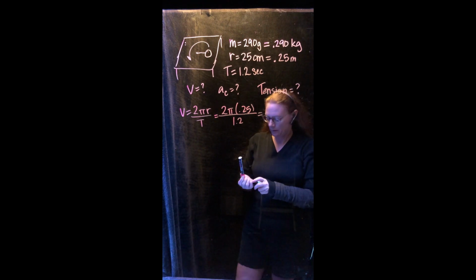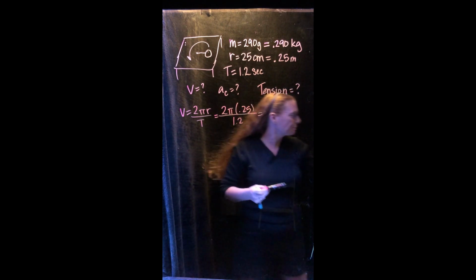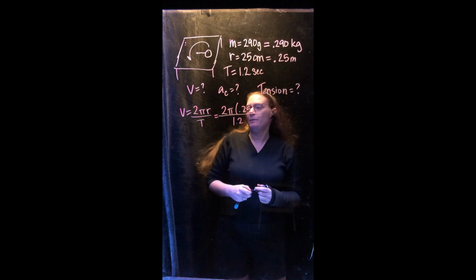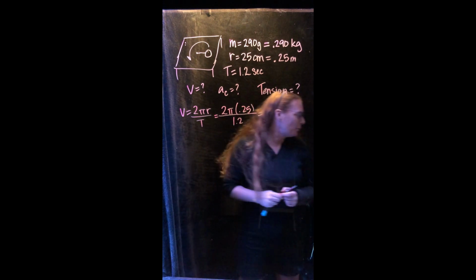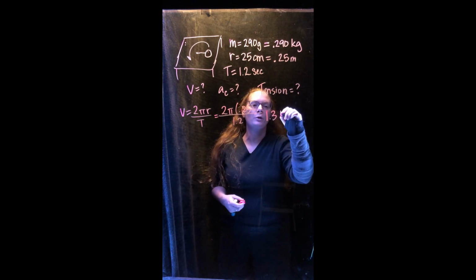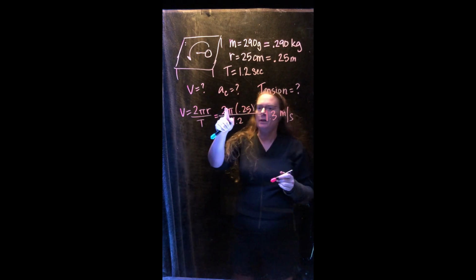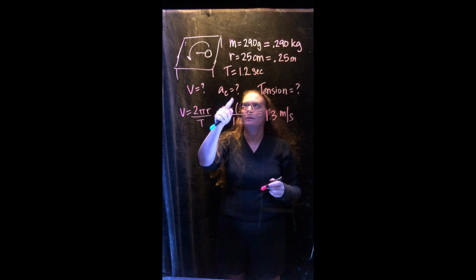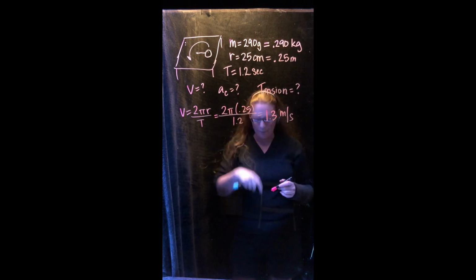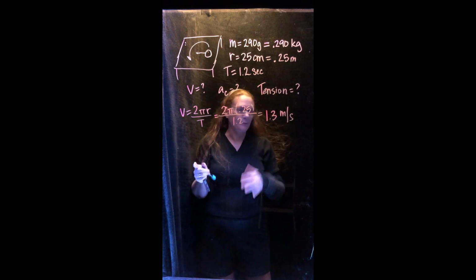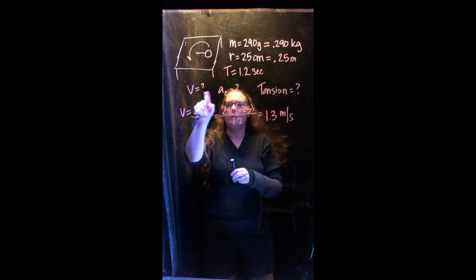Give it a try. See if you get the same thing that I did. What is the number I got? 1.3 meters per second. That's meters, that's seconds. So yep, that's something like 6. A quarter of 6 is 1.5. Yeah, just over 1. Okay, seems reasonable. Not too fast.